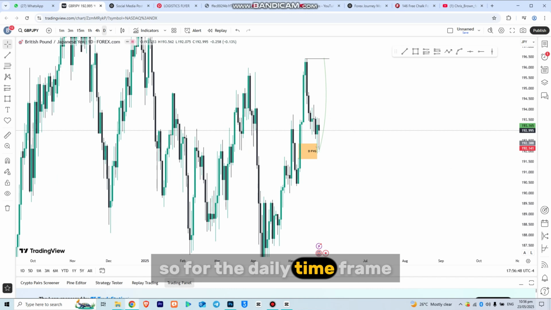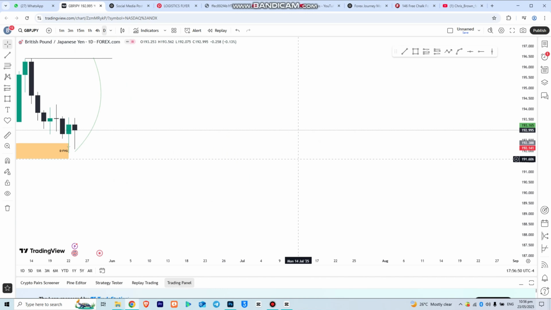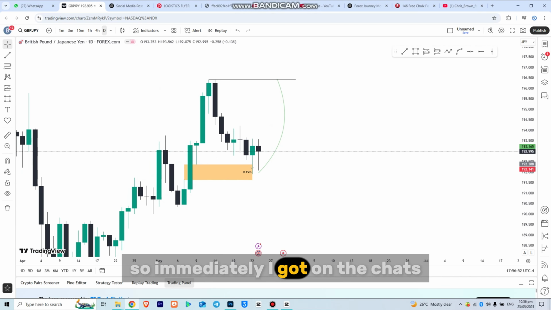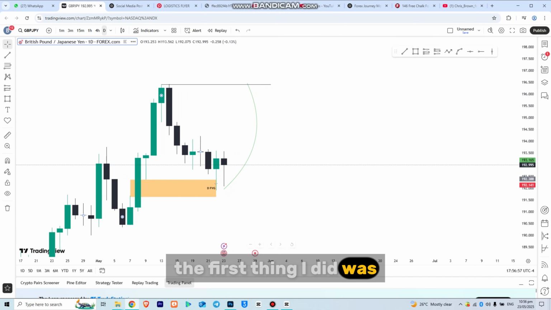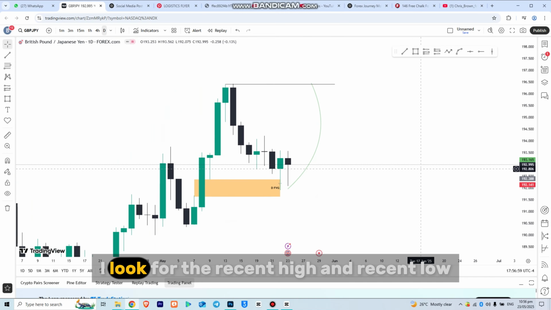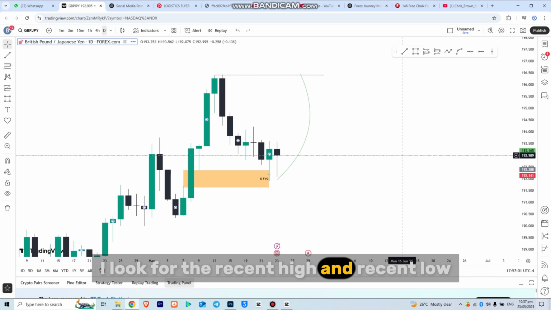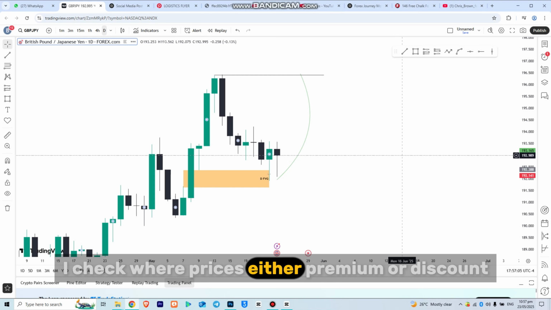So for the daily time frame, immediately I got on the charts, the first thing I did was I looked for the recent high and recent low. I check where price is, either premium or discount.